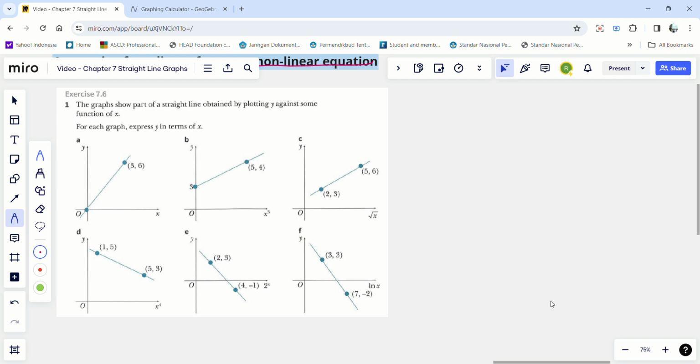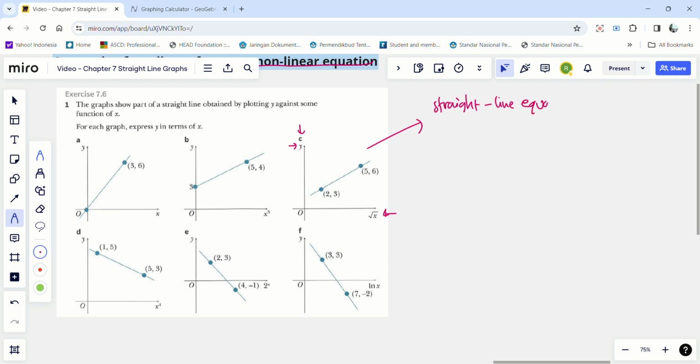So for example, let's talk about question C. You see that the given variables in question C are y and square root of x, so it's not between y and x. It means in this context, the straight line relationship is not between y and x.